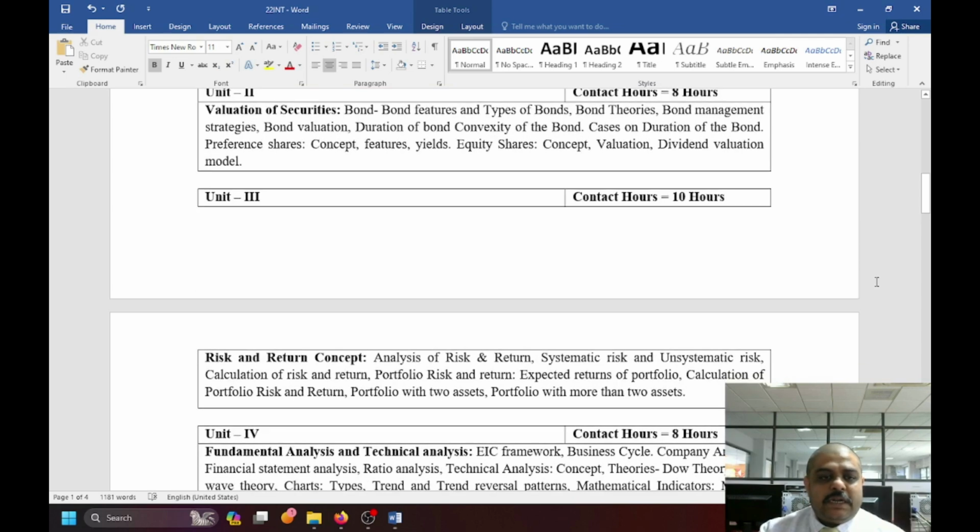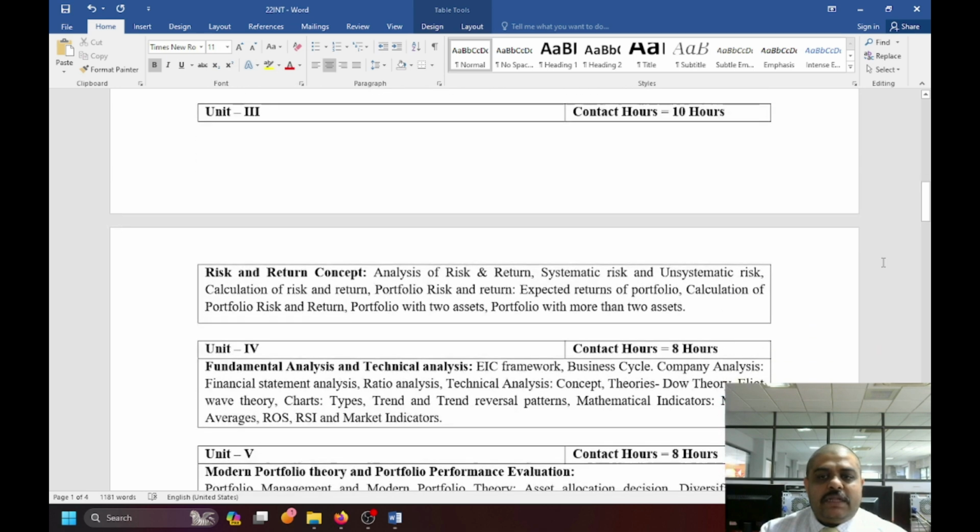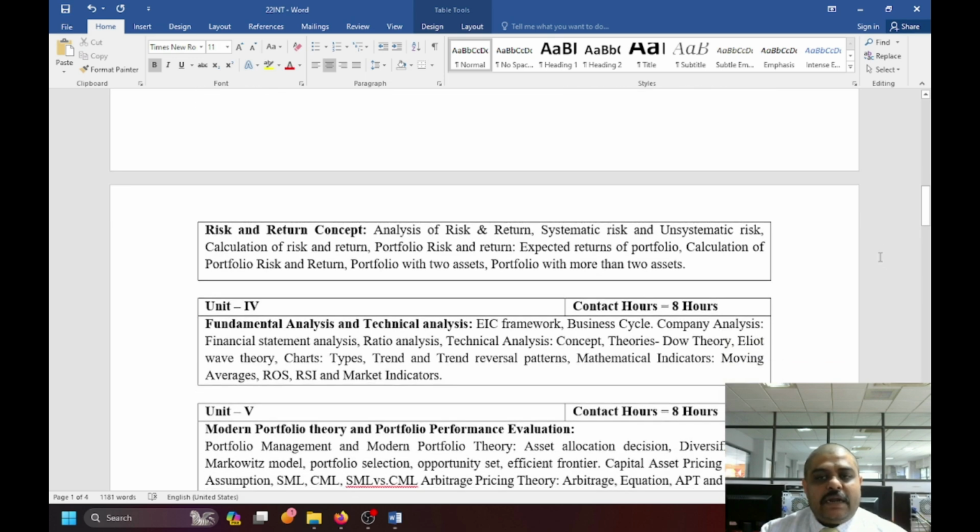That is one aspect. The second thing is the risks associated with these various types of investments. There are basically two types of risks that we are going to discuss broadly in unit number 3, that is systematic risk and unsystematic risk, and what kind of portfolios you are going to handle and manage for yourself.